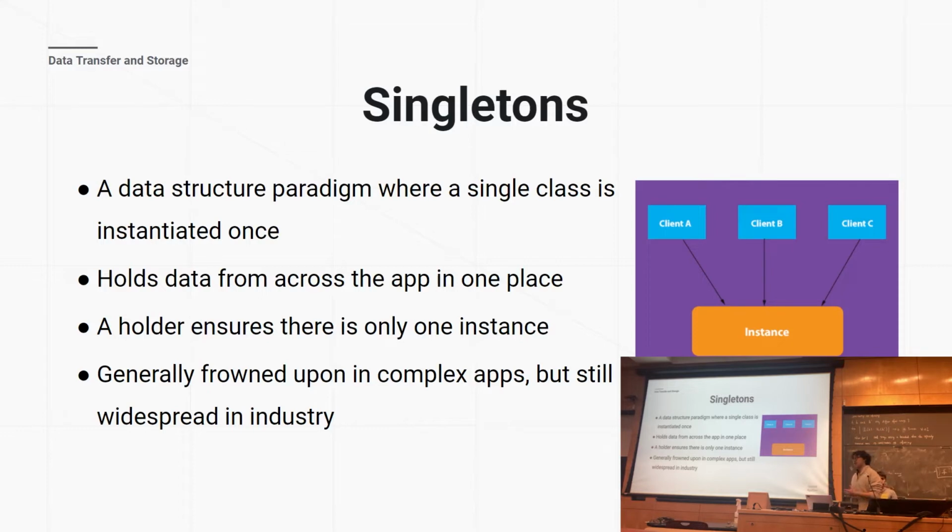In general, it is frowned upon for complex apps, but it is still widely used in the industry, and this will be what we are using in order to ensure that data is able to be accessed globally within your app. The name singleton just means there can only be one instance of this object or class.